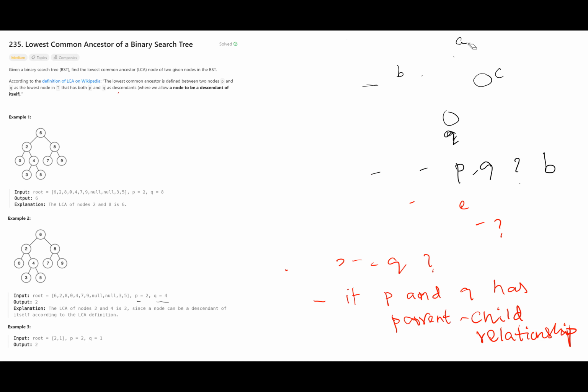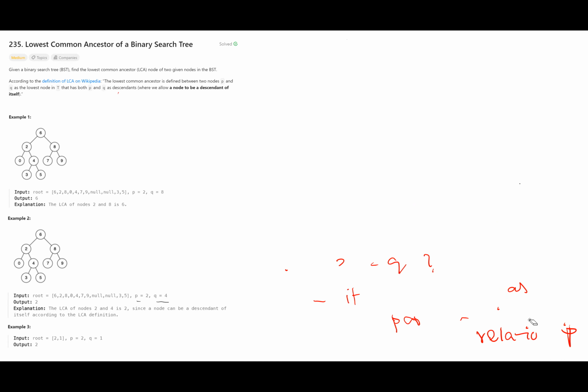Before we solve this problem, let's think about some scenarios. For a binary search tree, we know the condition: say we have a left subtree here, and we see the root value 6.